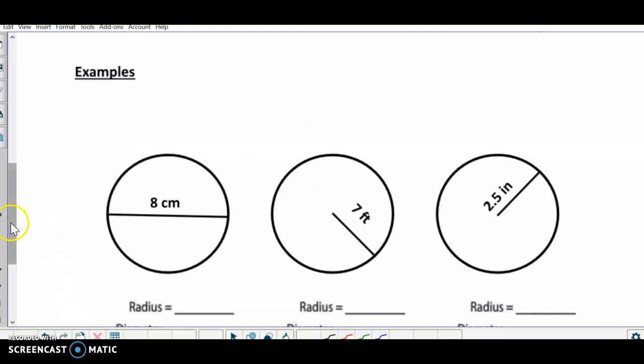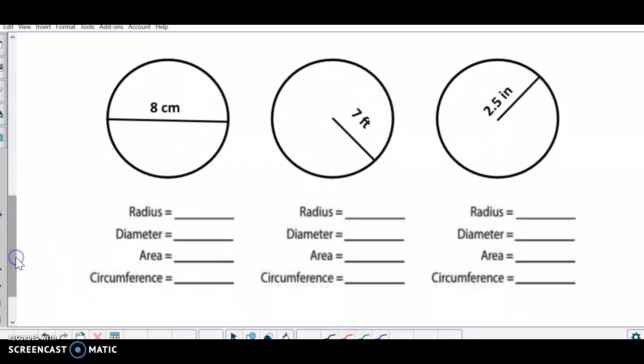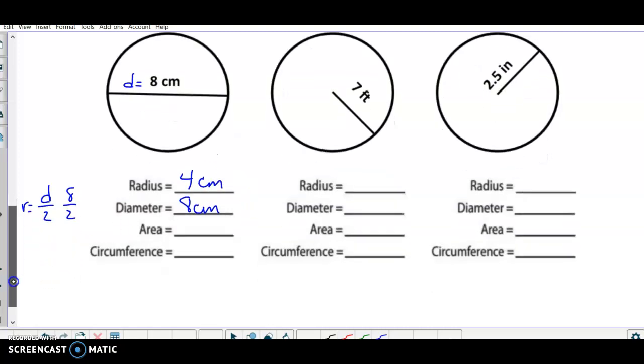So if we look at this first example, we can see that this is in fact a diameter. So if our diameter is 8, and we know that diameter divided by 2 is r, so 8 divided by 2, the radius is 4. And then we need to find the area and the circumference of that.